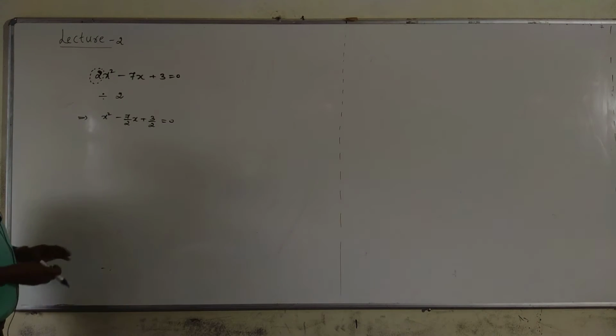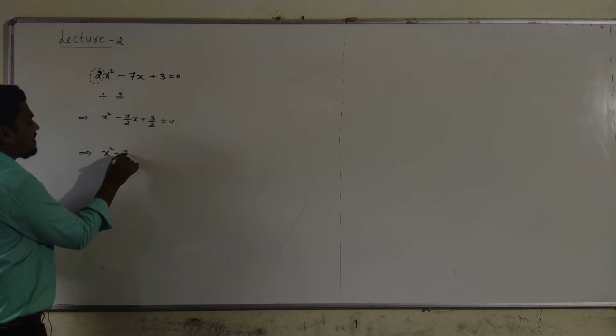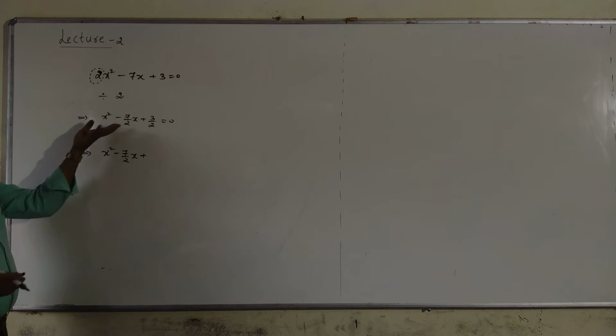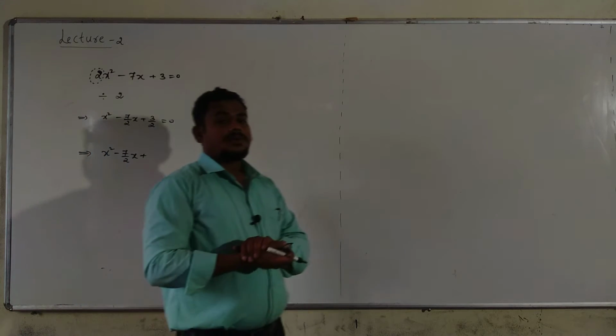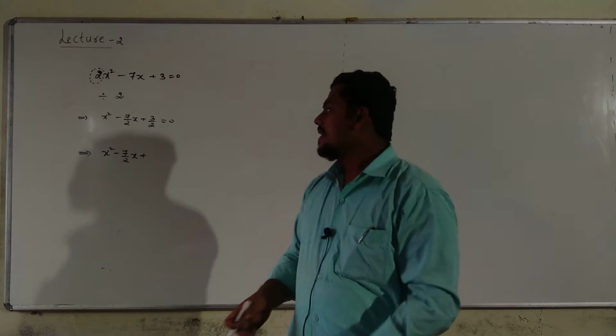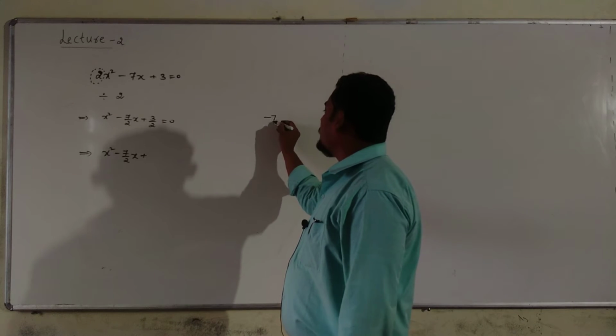In the second step, write the first two terms as they are: x square minus 7 divided by 2 into x. Then add and subtract the square of half of the coefficient of x. What is the coefficient of x? Minus 7 divided by 2.